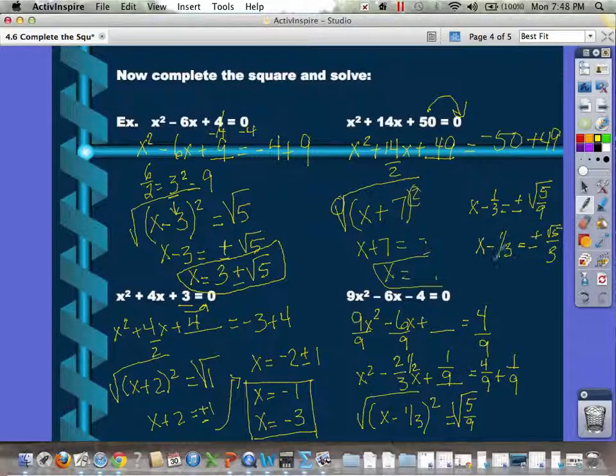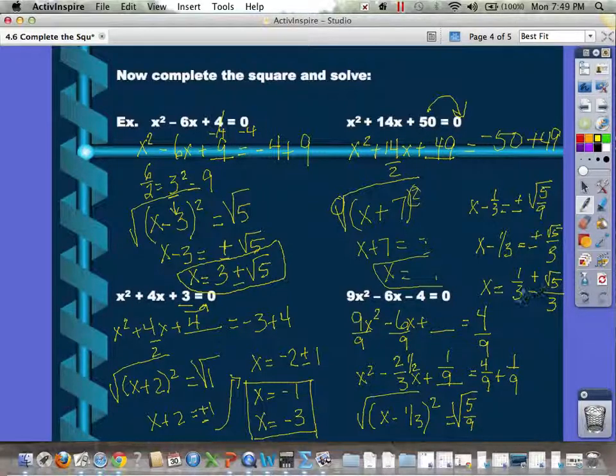Alright, and then add 1/3 to both sides. So I'm going to have x is equal to 1/3 plus or minus the square root of 5 over 3.